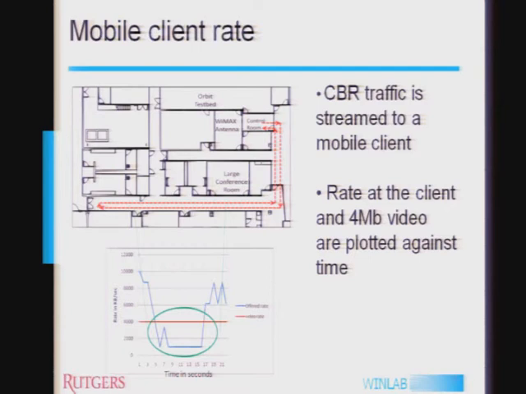So you see that the rate drops really low, and the video that I'm streaming is a constant bitrate video, a 4 MB video. So we are proposing some kind of a rate matching mechanism where we make use of this information about the rate of the client and match the rate of the client to the video we are streaming. I'm going to talk a little bit about that.